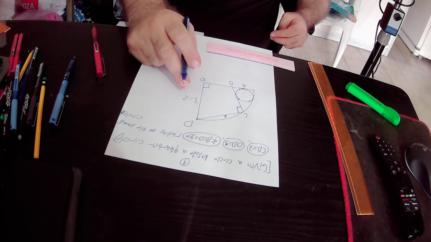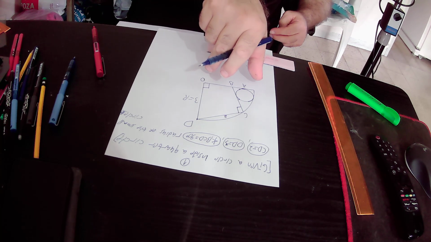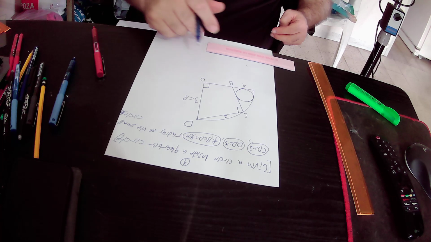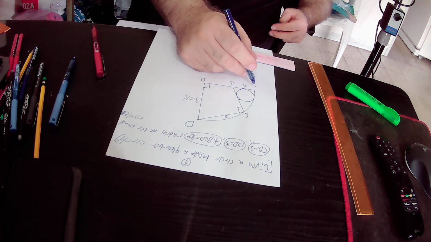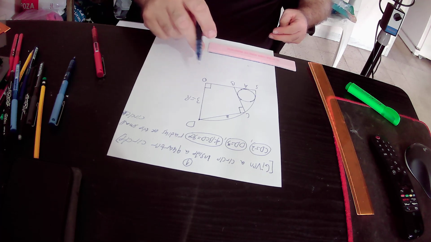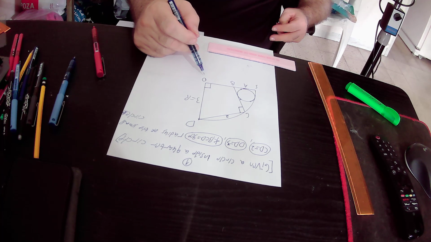DO is the radius of the quarter circle, and also if you mark this point as S, then SO is also the radius of the quarter circle, because O is the center of the quarter circle.